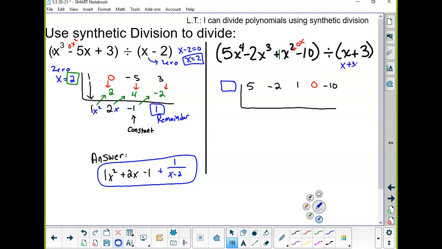Because if we find the 0 to this linear term, that's a negative 3. And remember how every problem starts once it's set up: the first number drops down. So why don't you go ahead and try that, see how far you can get.